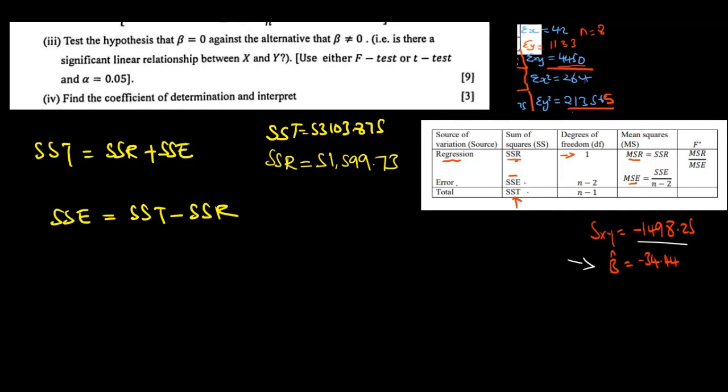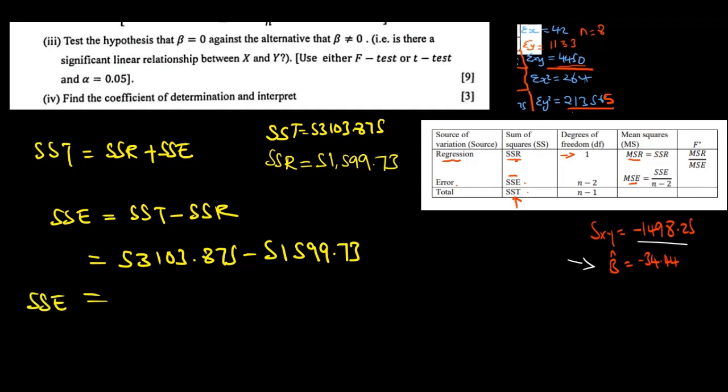So our SSE will be our SST, which is 53,1003.875, minus our SSR, which is 51,599.73. So let's subtract this to get our SSE. Make sure you counter check these values with your own calculator as well.